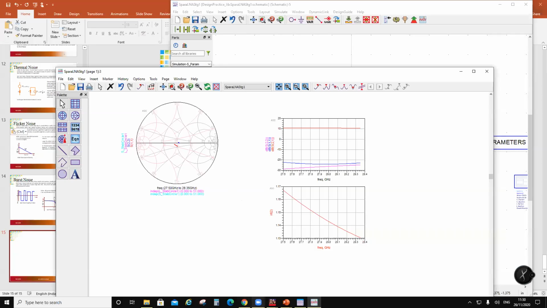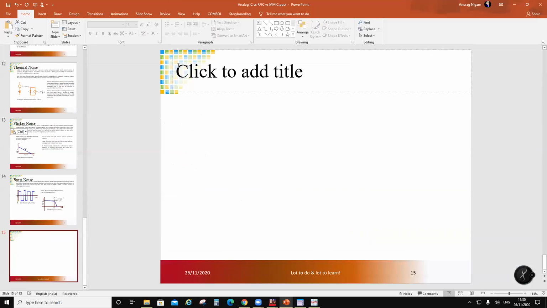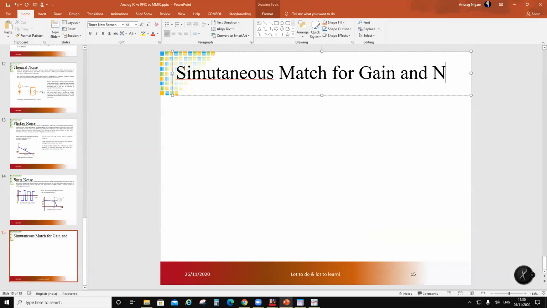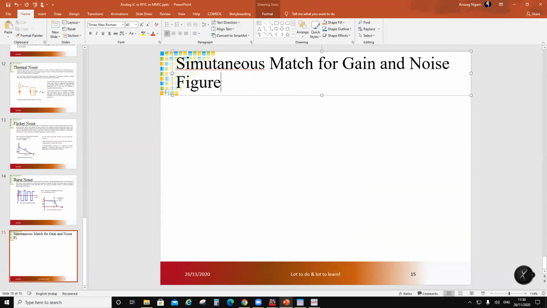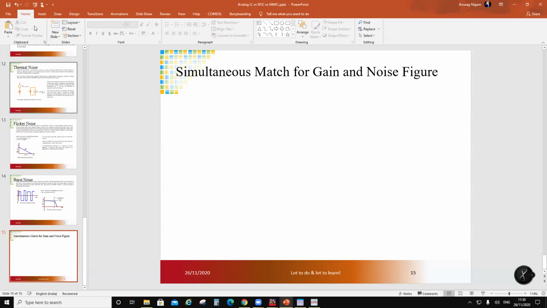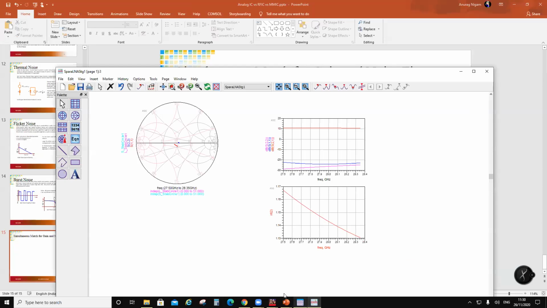Now there is a little bit of theory which I want to give you on simultaneous match for gain and noise figure. Okay. So let's pick up a Smith chart.